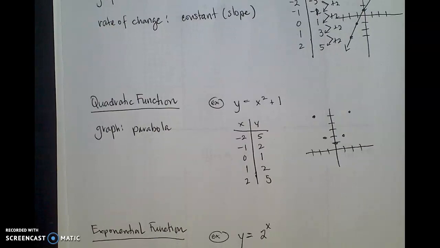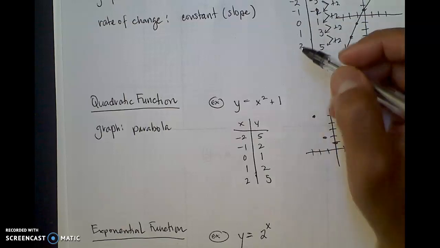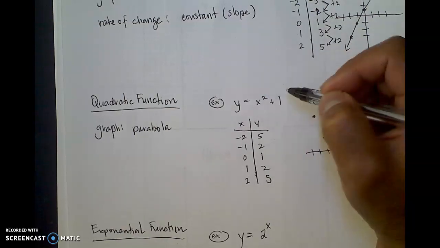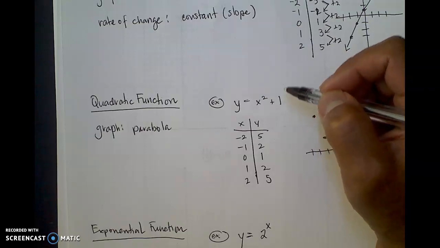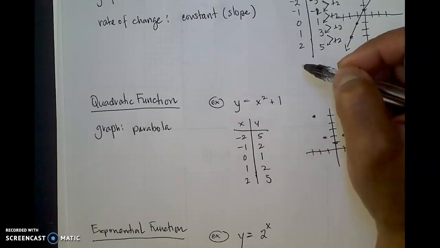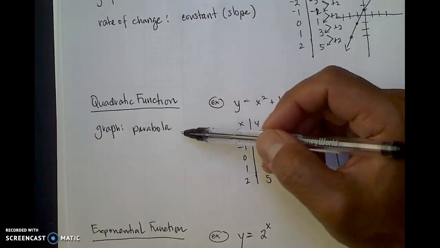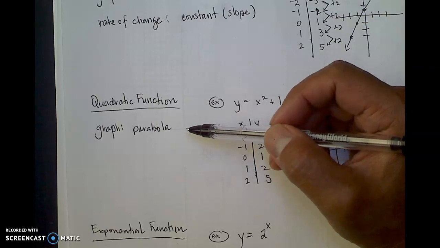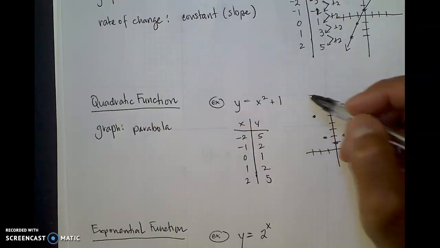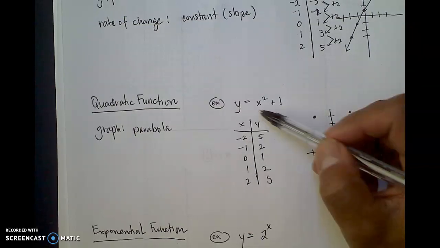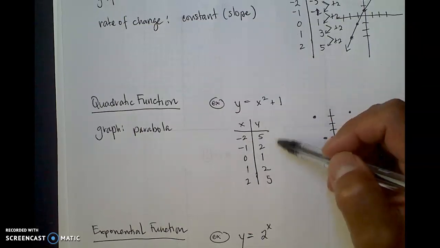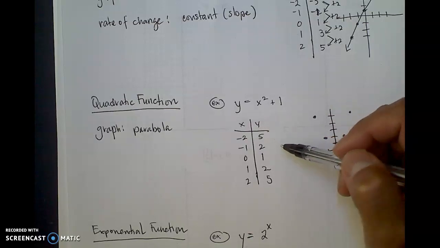So the next function that you learned was the quadratic function. We know a quadratic function exists when the biggest exponent of our independent variable is 2. And the graph of a quadratic function is a parabola. So again, here we plug in our values for x, do the math, and here are our outputs.